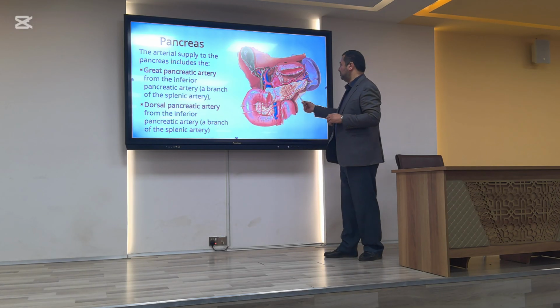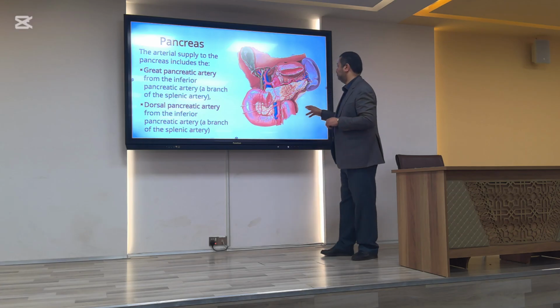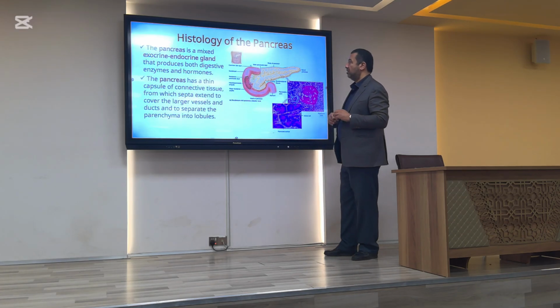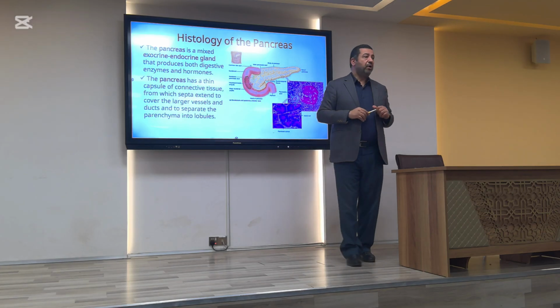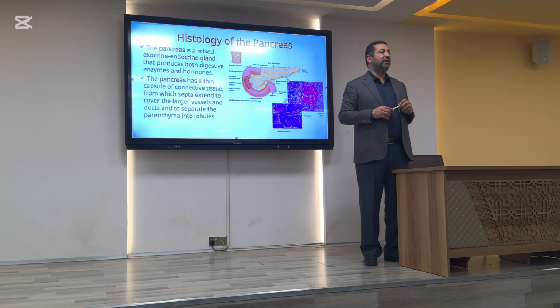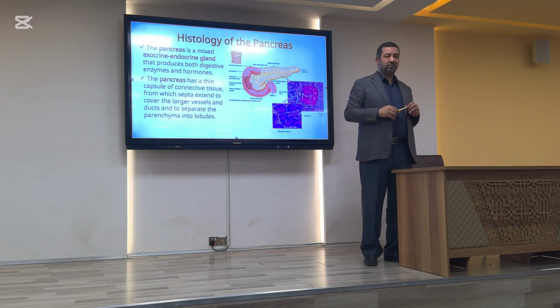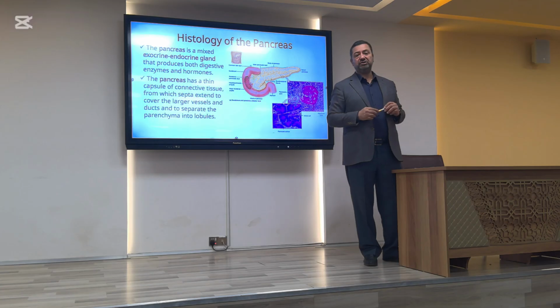You see here, these arteries supply the body of the pancreas. The pancreas is an exocrine and endocrine organ together. I told you, if I ask which cell has exocrine and endocrine functions together, the answer is hepatocytes.